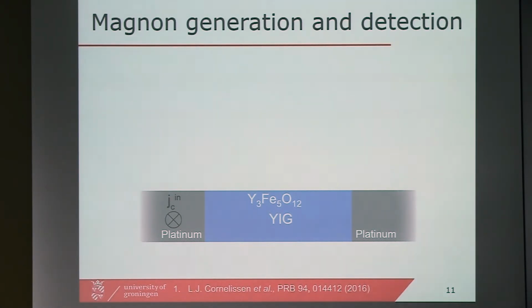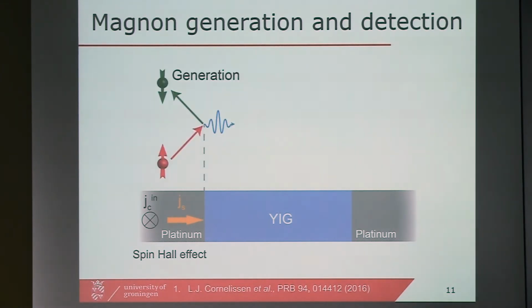This would be a side view of a device. We take a film of yttrium iron garnet, sandwich it between two contacts, pass a charge current normal to the board through one of the contacts, and then via spin Hall effect, this generates a spin current towards the yttrium iron garnet.